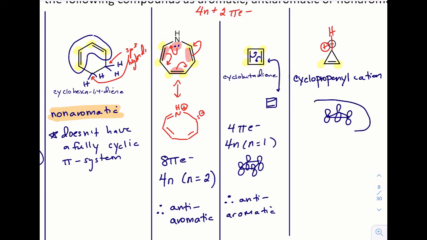Thus, all 3 of these atoms have p orbitals that are in a cyclic, planar, and contiguous arrangement. Counting the number of pi electrons, there are 2 pi electrons in this system. 2 pi electrons represents 4n plus 2, where n equals 0. Thus, the cyclopropenyl cation is expected to possess aromatic properties and be pretty stable, especially for a cation.